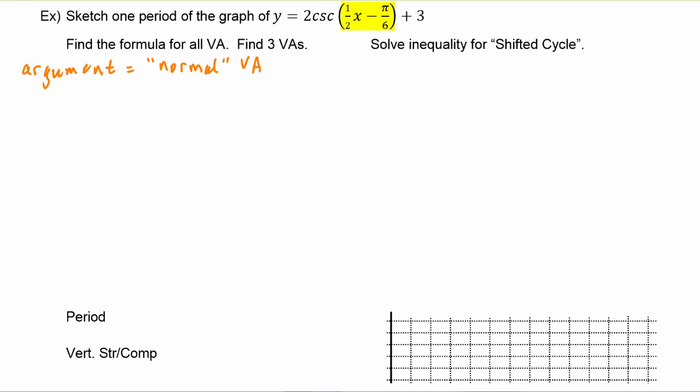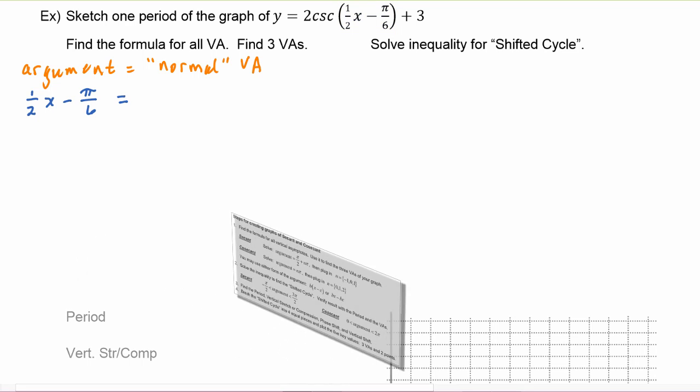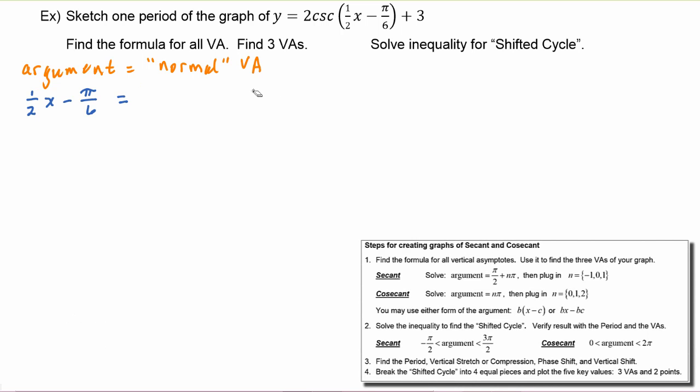Our argument is 1/2 x minus pi over 6, and the normal vertical asymptotes for cosecant occur at n pi.